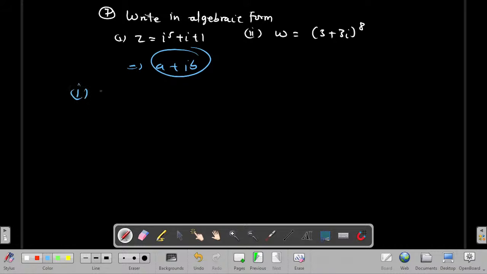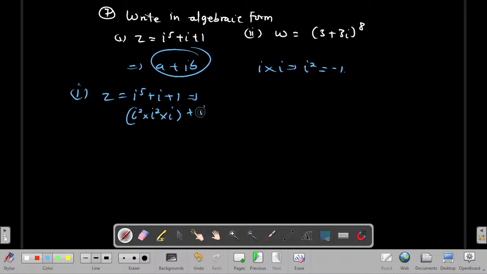So considering the first one, z is equal to i to the power 5 plus i plus 1. You know that i times i, which is i squared, is given as -1. So if you have i to the power 5, I can say that this is the same as i squared times i squared times i, that alone gives 2 plus 2 plus 1, 5. So I have decomposed this.